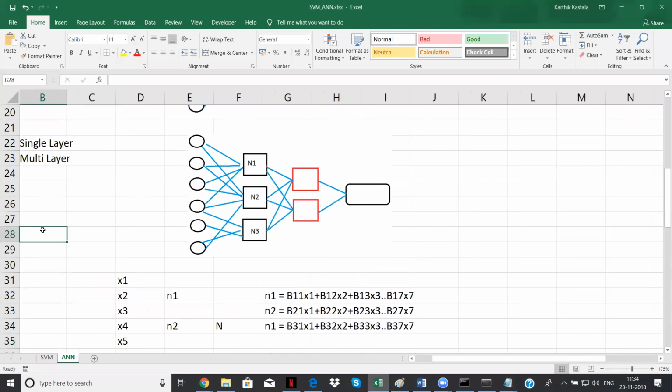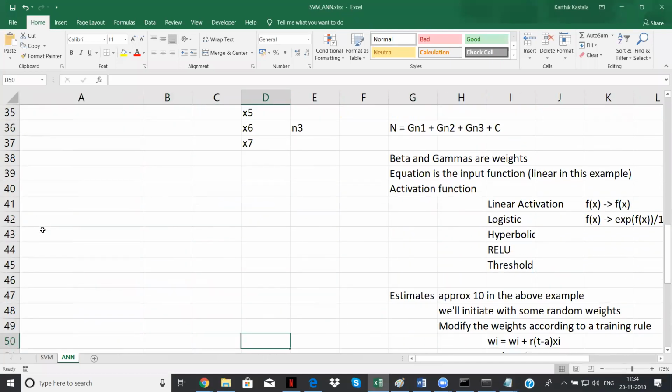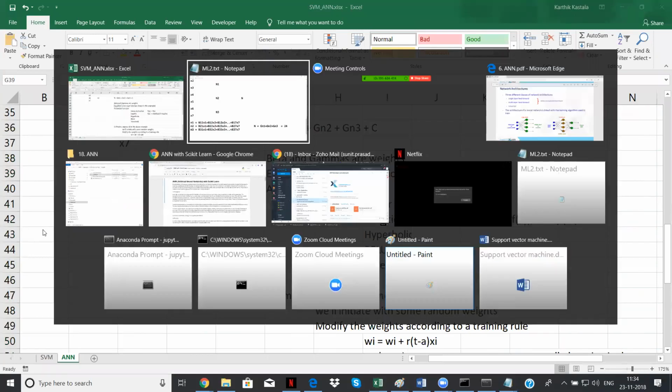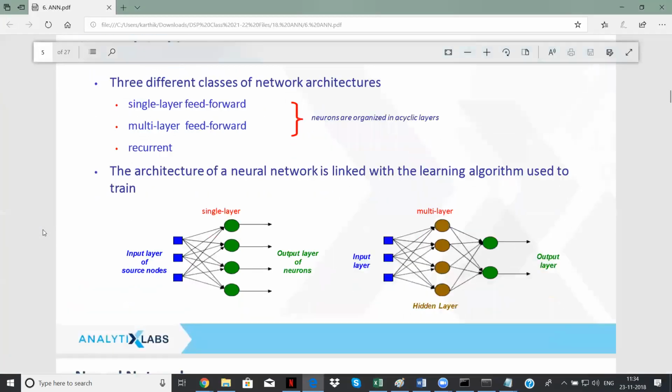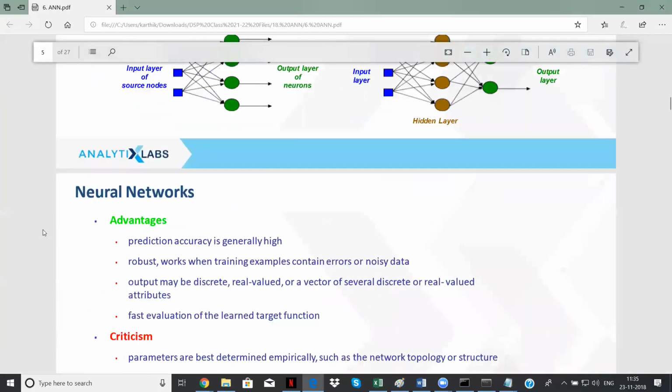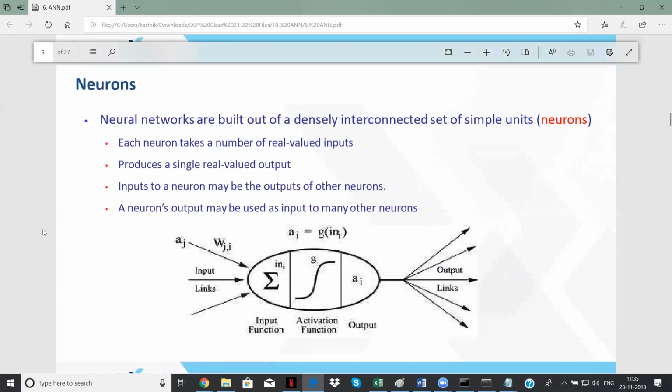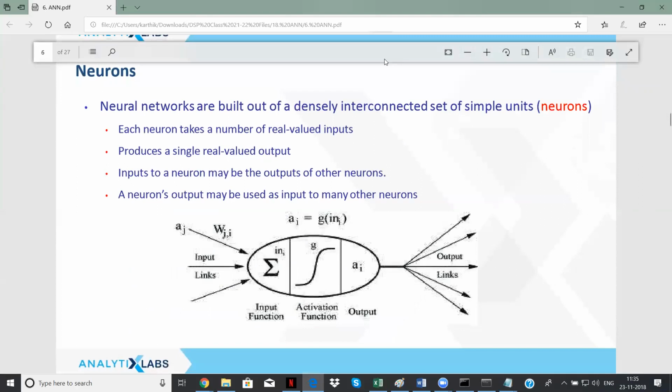Now, before we get there, betas and gammas are the weights. The equation here is the input function. So let me show you that slide. Here, apart from your x variables, you're also including your weights.